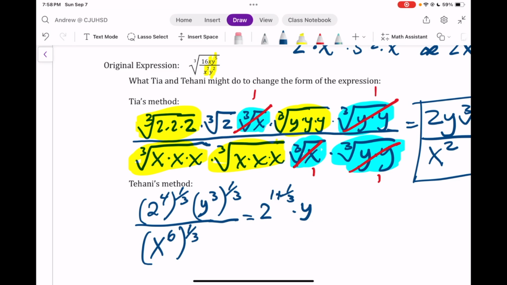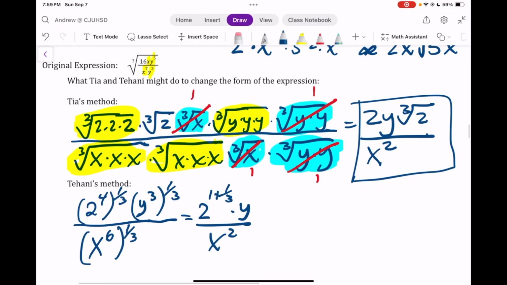And let's see, did I forget anything? No, I think I'm good. And then x to the 6 to the 1/3, 6 over 3 is going to be 2, and that's x squared. So you see, all I've got to do is take that 2 that has the 1/3, and so 2y and another 2 to the 1/3.